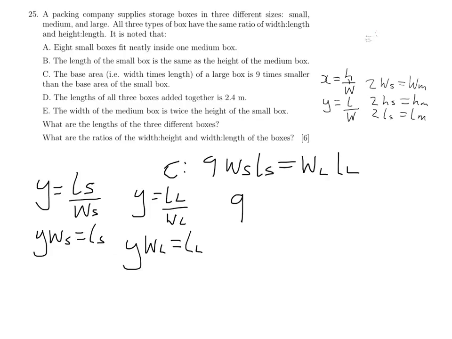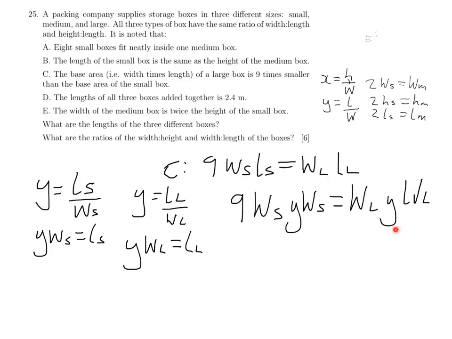And what I can do is take this bit here and this bit here, and put them in this equation here. And in doing so, we can cancel out some of those variables. So on one side of the equation, I've just got W, the width of the small box, and I've got y here, but that's a constant, and we'll see that cancels.